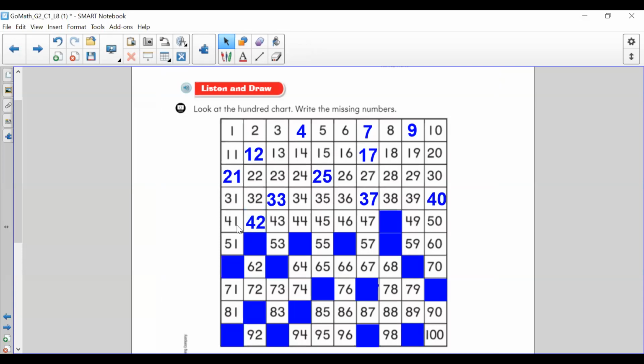42, yes, because we go from 1 to 2 to 3. And these are all the 40s. 42, 43, 44, 45, 46, 47, 48, 49, 50, 51, 52, 53, 54, 55, 56, 57, 58, lots of 50s.